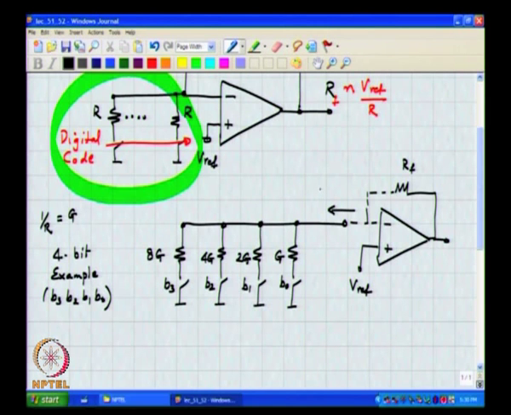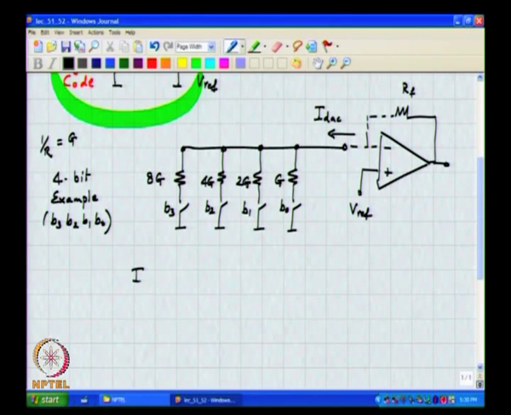So, the current I DAC is simply Vref times G times 8B3 plus 4B2 plus 2B1 plus B0, all right.